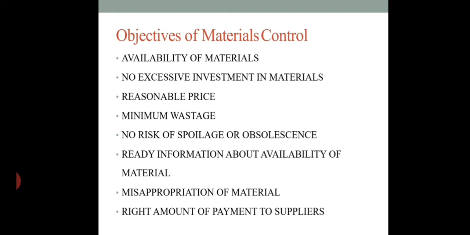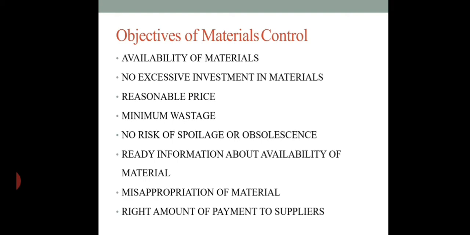And the next one is a reasonable price. While purchasing, it is seen that materials are purchased at low prices, but the quality should not be sacrificed at the cost of lower prices. Then the next one is minimum wastage. There should be minimum possible wastage of materials while these are being stored in godowns.